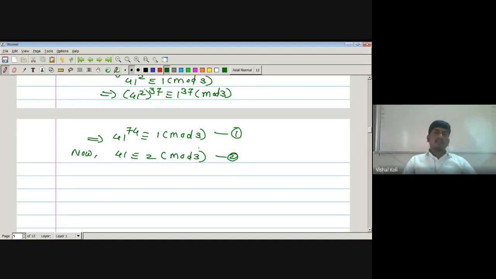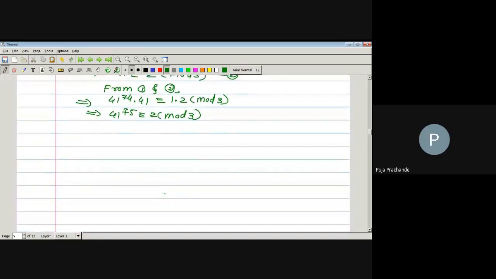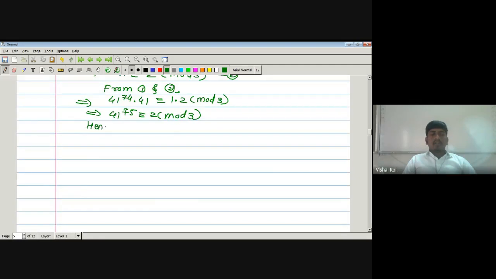Again, A is congruent to B modulo n and C is congruent to D modulo n, which implies from 1 and 2, 41 to the power 74 into 41 is congruent to 1 into 2 modulo 3. That is 41 to the power 75 is congruent to 2 modulo 3. Then the remainder will be 2.